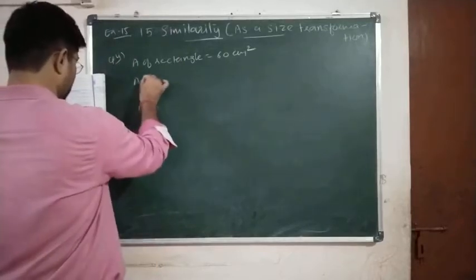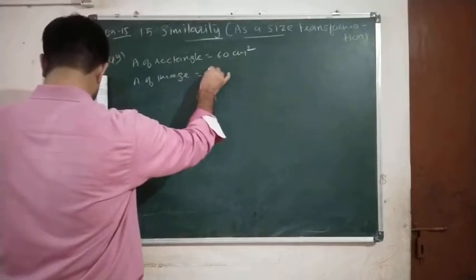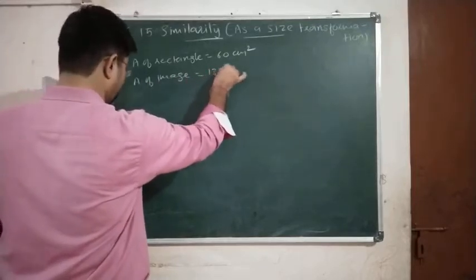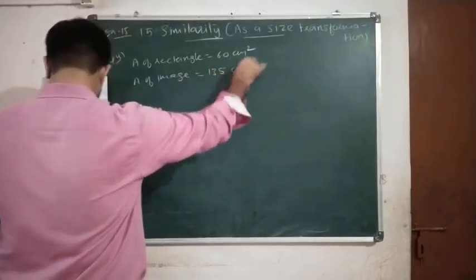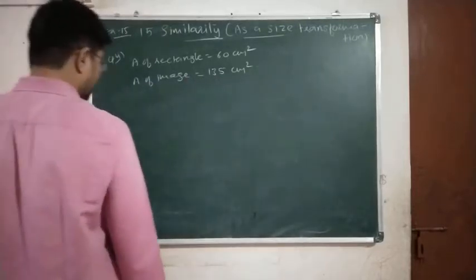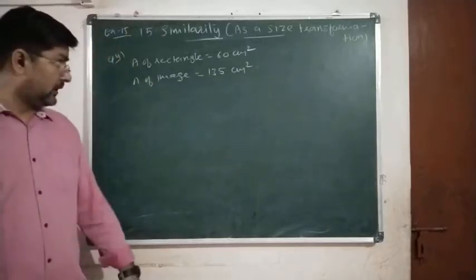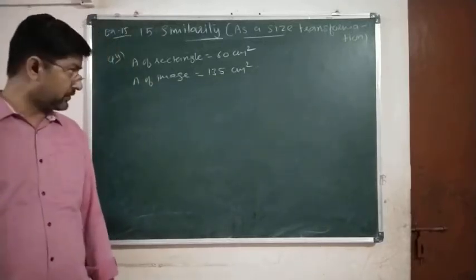Area of the image of the rectangle is 135 square centimeter. We have to find the scale factor. This is quite easy because image area and original area are given, yes or no.